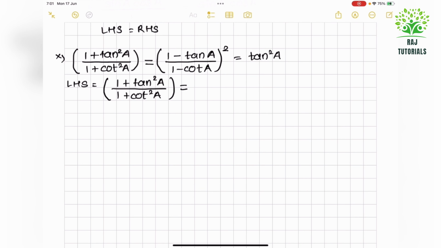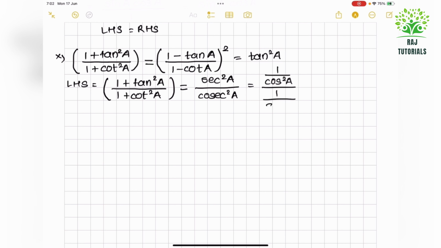Now next one is (1 plus tan square A) upon (1 plus cot square A) equal to ((1 minus tan A) upon (1 minus cot A)) whole square equal to tan square A. So now first I am taking the 1 plus tan square A upon 1 plus cot square A, and I will prove it into tan square A. So 1 plus tan square A will be sec square A upon 1 plus cot square, which will be cosec square.